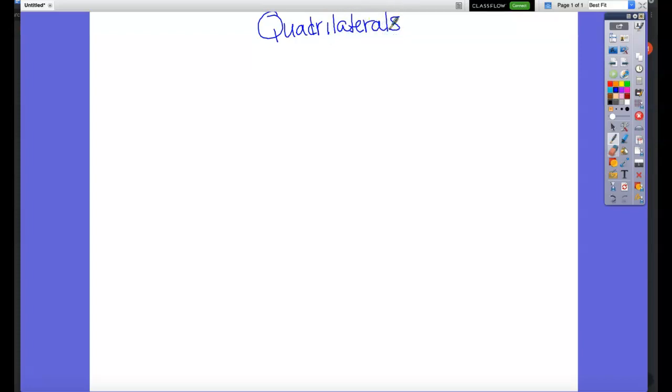And quadrilaterals are any shape that has exactly 4 sides. Okay?